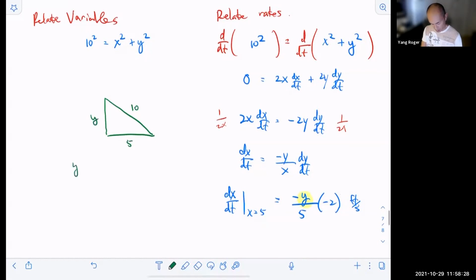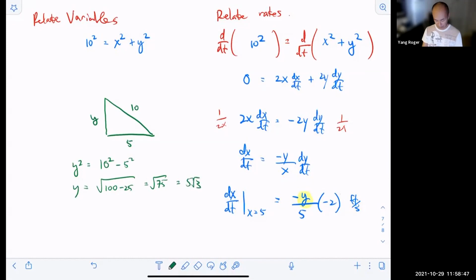This tells me that y squared is equal to 10 squared minus 5 squared, or y is equal to the square root of 100 minus 25, which is the square root of 75, which, if you're fancy, is 5 rad 3. That's equal to the square root of 3 times 25, which is 5 times the square root of 3.